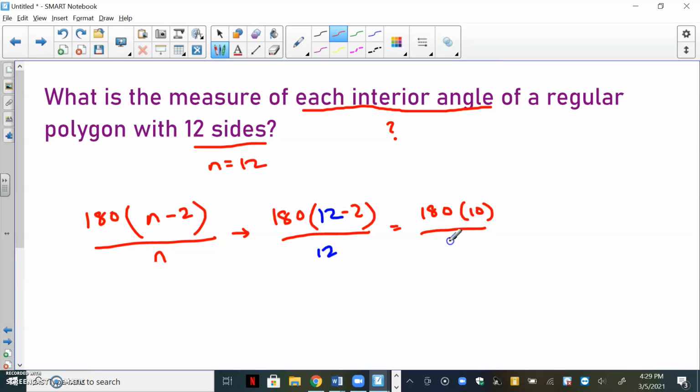It will very much decrease your chances of making a mistake. So here I end up with 1800 divided by 12. So if you put that in your calculator, you should get an answer of 150. So each interior angle here has a measure of 150 degrees.